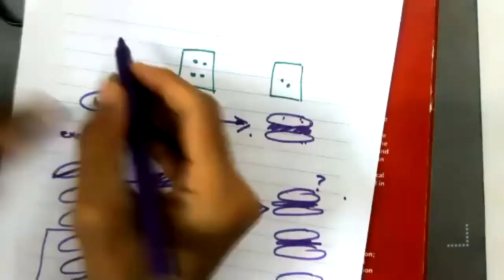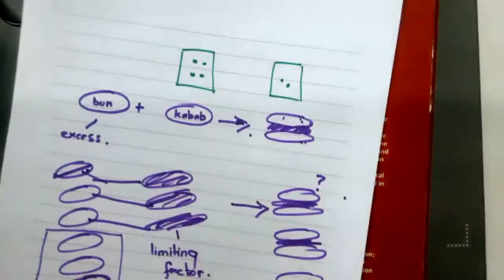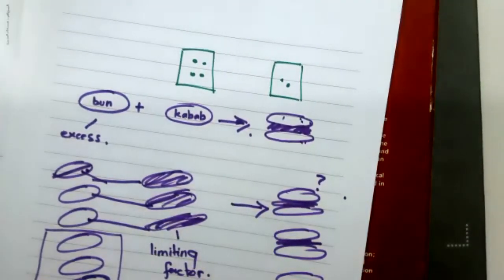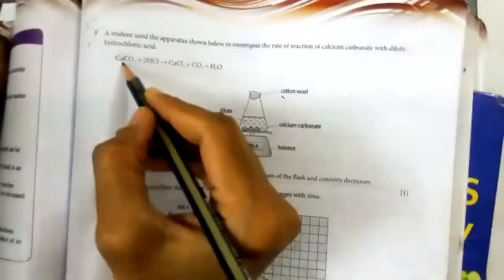That's why when the question said calcium carbonate is in excess, I said don't worry about it, because that means we have more than what is required. So it won't affect the final product.